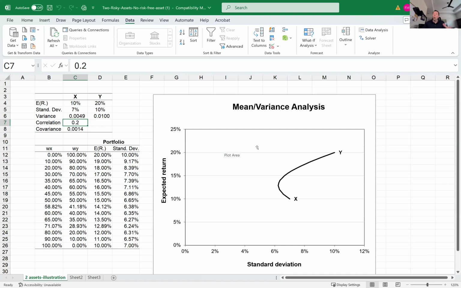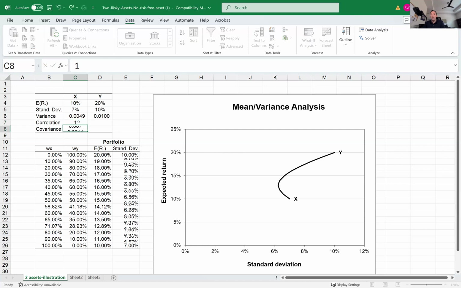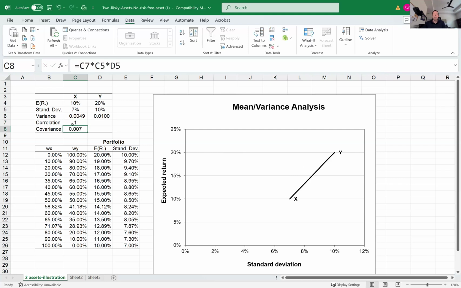Now, if I change the correlation between X and Y, I'd have to redo it all over again to find the minimum variance portfolio. It's not always going to be approximately 71% of my money in X and 29% in Y. So we have seen how changing the correlation between these two risky assets changes the shape of that hyperbola. When the correlation is 1, it's actually a straight line, not a hyperbola.